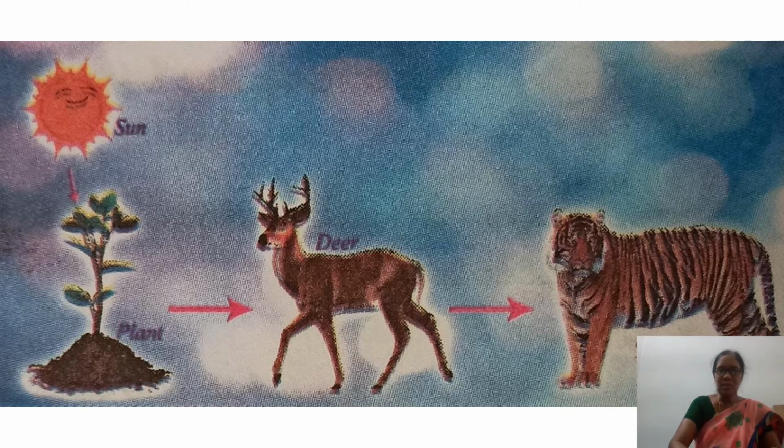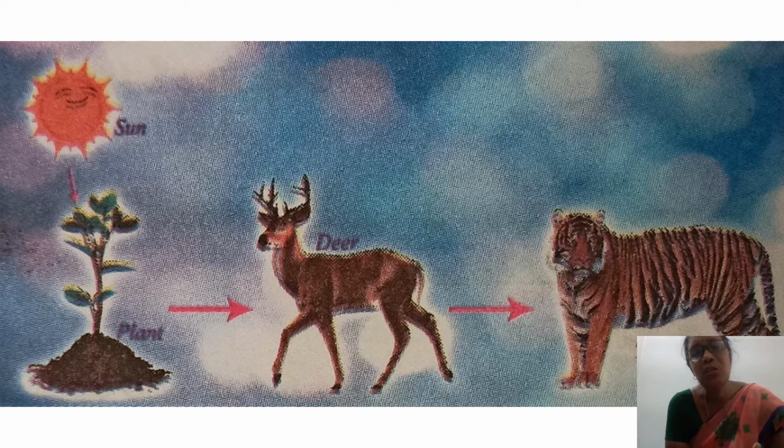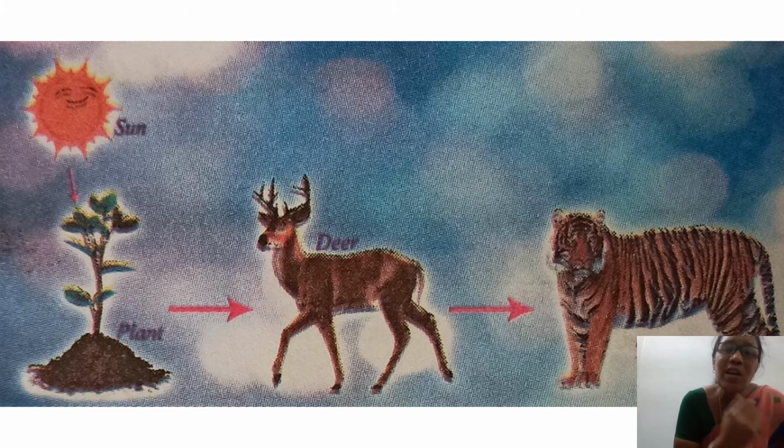Kada? Then here, who is the first animal? Deer. Deer is an animal. What does deer do? What's the food of deer? Deer ఏం తింటుంది? Deer eats plants and grows. So, can deer produce food? అది తయారు చేస్తుందా?